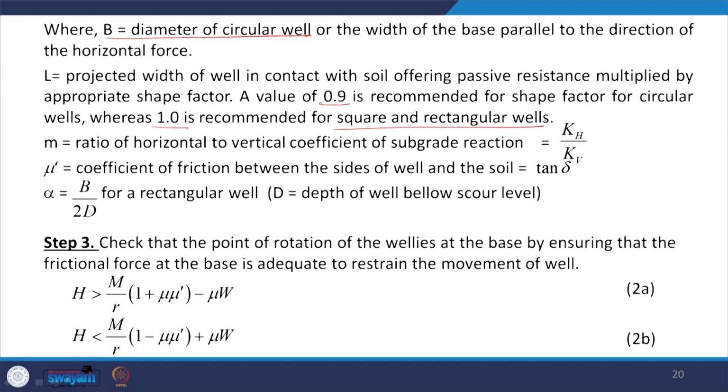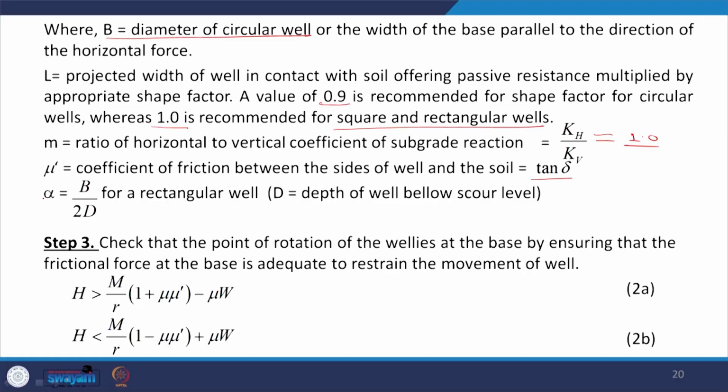Then m is the ratio of the horizontal to vertical coefficients of subgrade reaction, that is KH and KV. Normally, if you assume isotropic soil, KH and KV are both the same, so this factor will be 1. Then mu prime is the coefficient of friction between the sides of the well and the soil, and this mu prime can be obtained as tan delta. What is delta here? Delta is the friction angle between the side soil and the well.